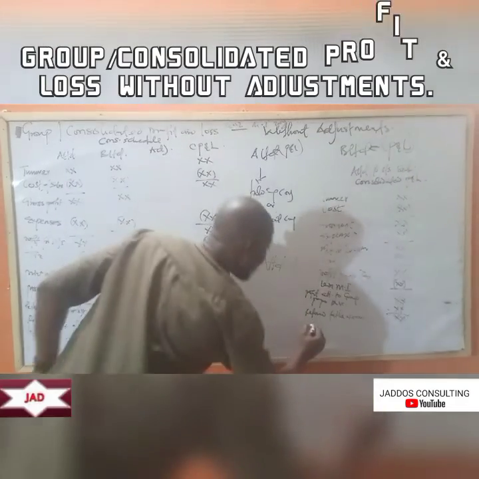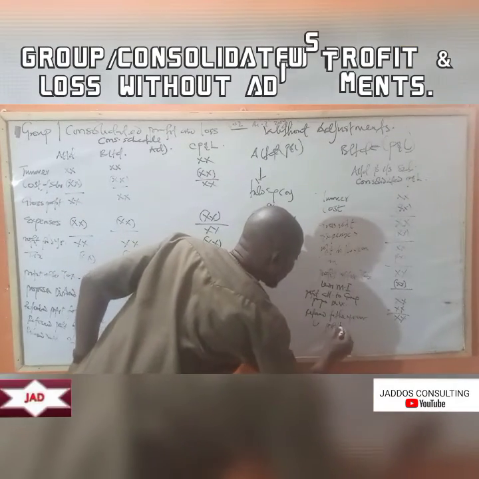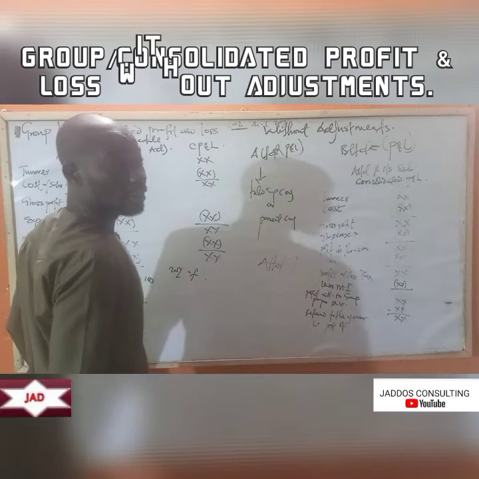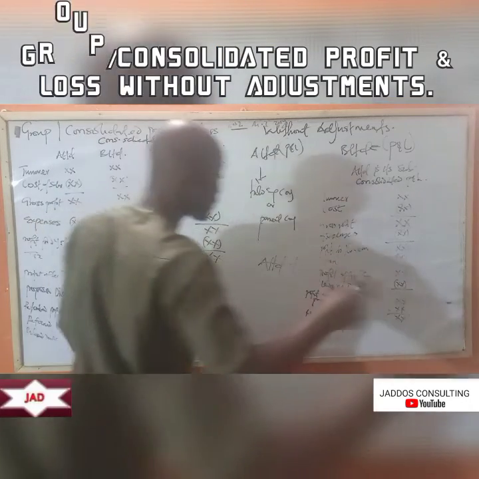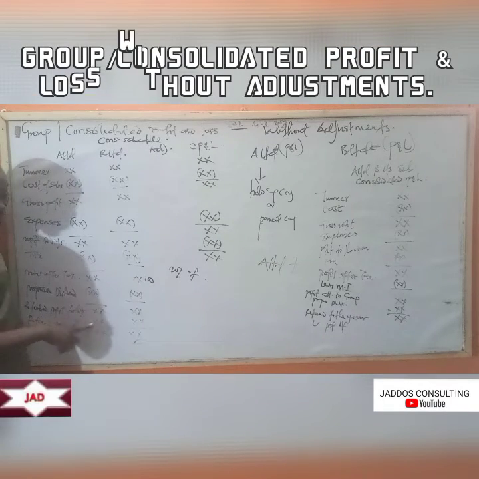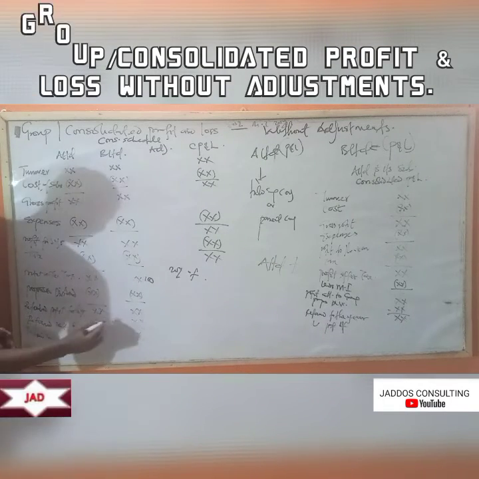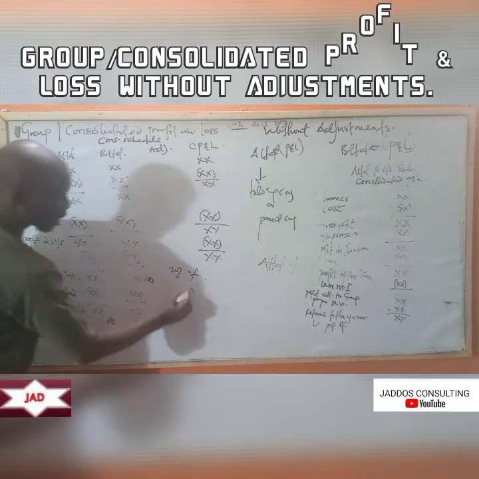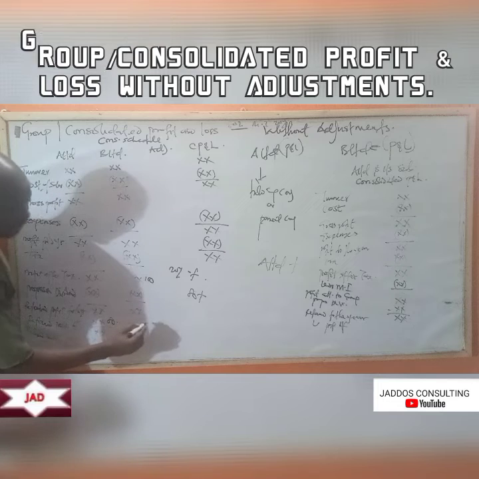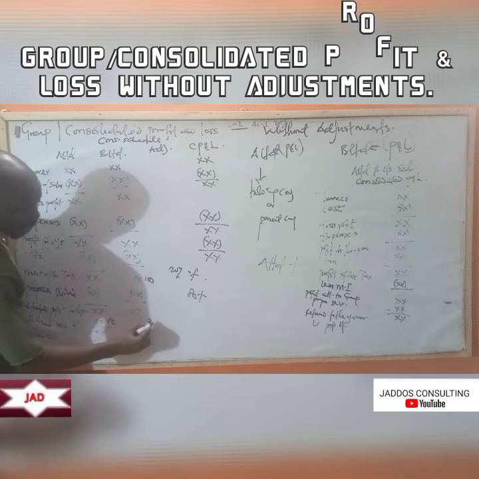Then you now say retained profit brought forward. What is the retained profit brought forward from the previous year? You come back here. See the retained profit. This is that of the holding company, right? So let's say that of the holding company is 80, plus that of the subsidiary, let's say it is 30.